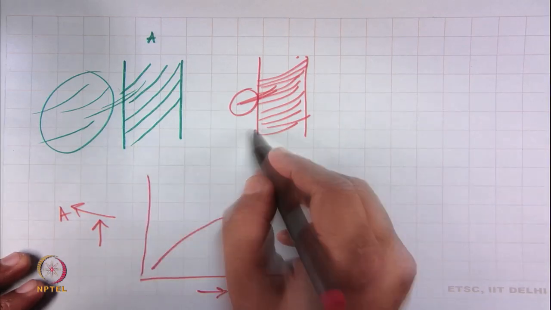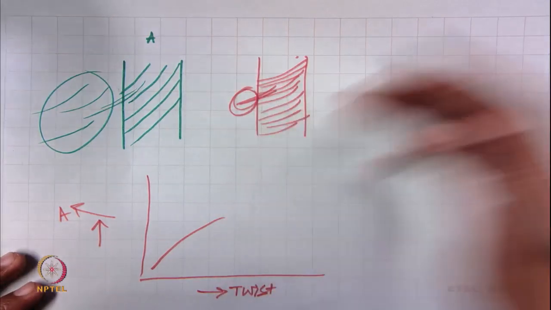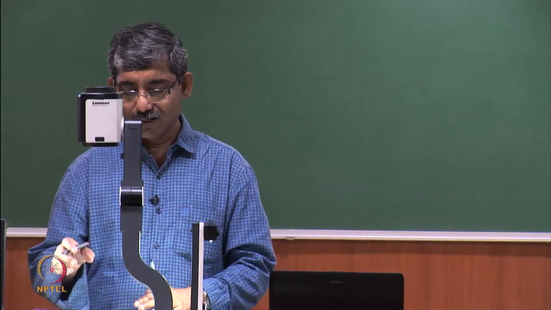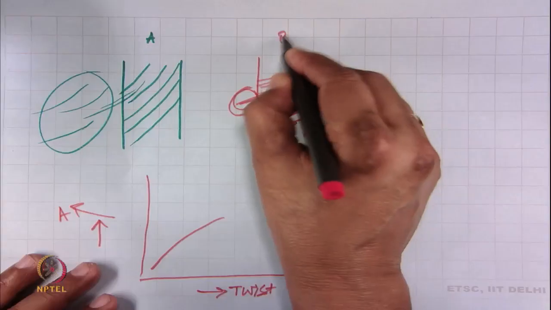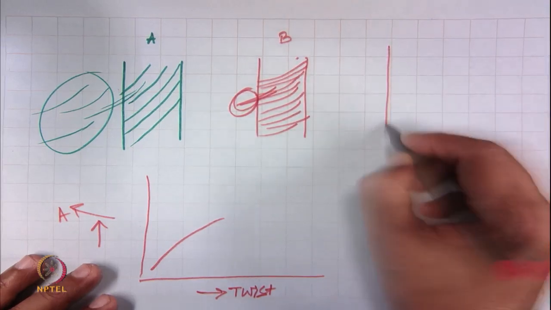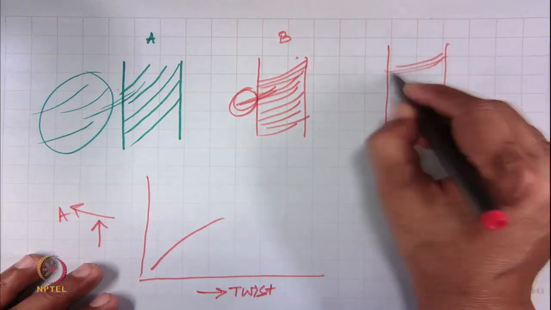That is the phenomenon, because here the fibers will not come out from the structure and the structure will be intact. Now, another case: suppose we increase the twist further and make it very compact.